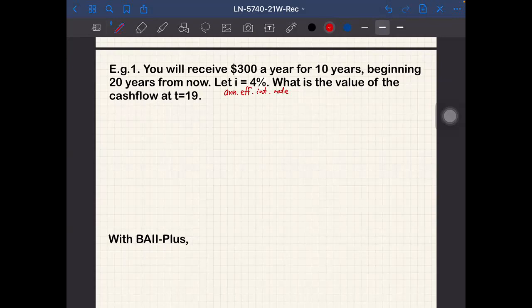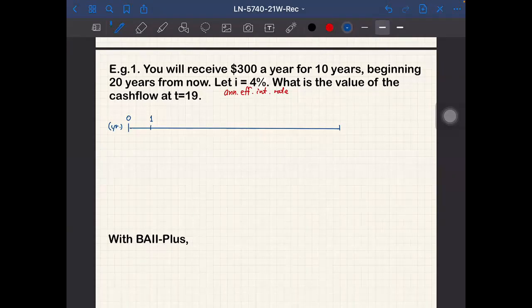Okay, so this is slightly more complicated than just the definition of annuity immediate or annuity due. So we have time point 0. The time unit is year. And you will receive $300 a year for 10 years, beginning 20 years from now.